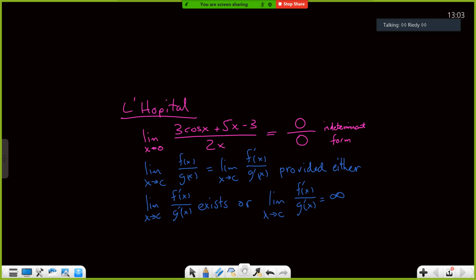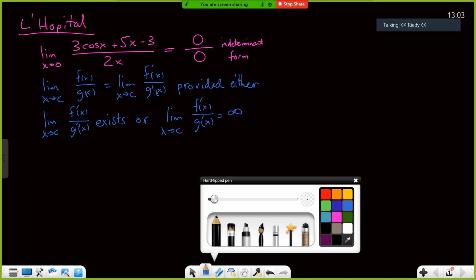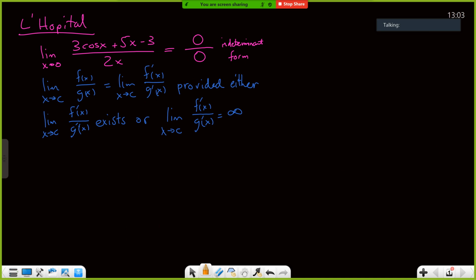So shrink this guy, put it up here, and finish this problem. 0 over 0, indeterminate form. Check. Let's move on. L'Hopital says then, take the derivative of the top.